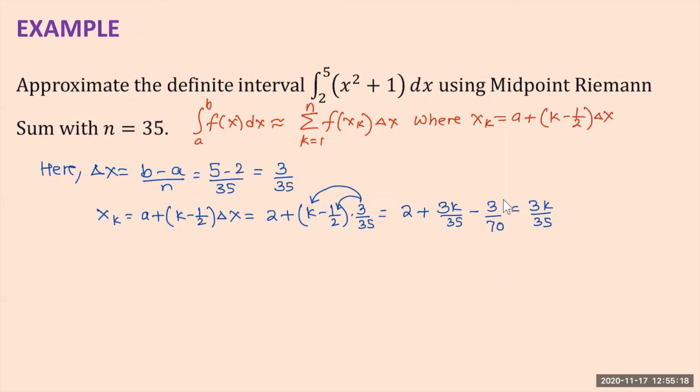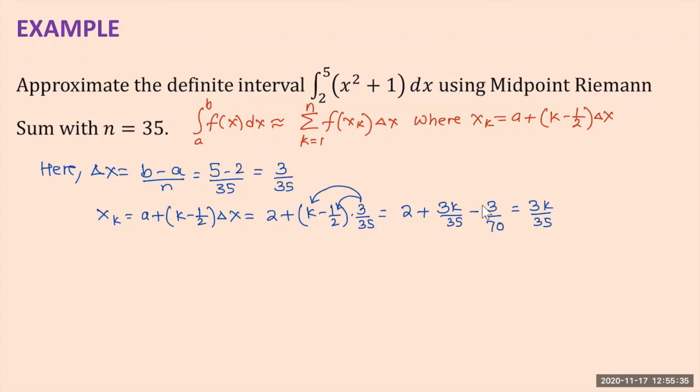If I want to subtract this, I need to make a common denominator. 2 is the same as 140 divided by 70. So in the numerator, you have 140, and 140 minus 3 is 137.